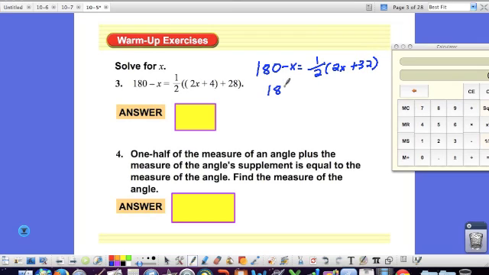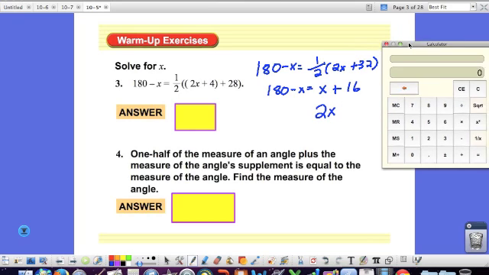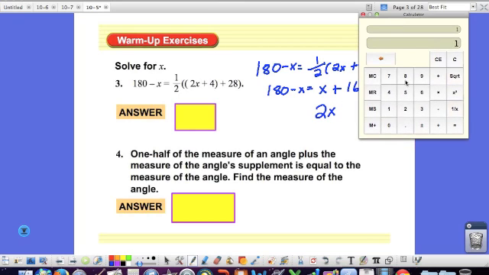So 180 minus x equals 1/2 of 2x is x. 1/2 of 32 is 16. I add x to both sides. I get 2x over here. 180 minus 16 is 164. And 164 divided by 2 is 82.